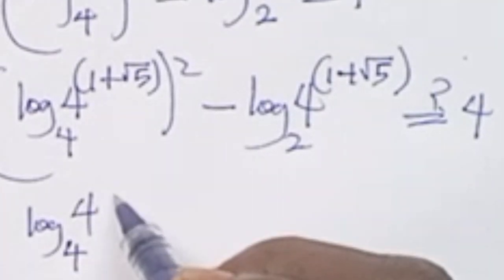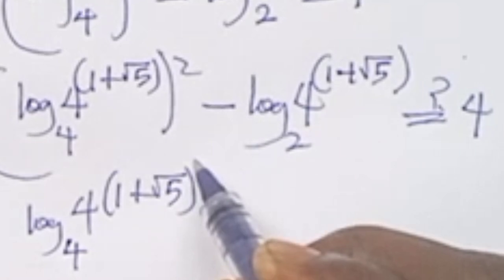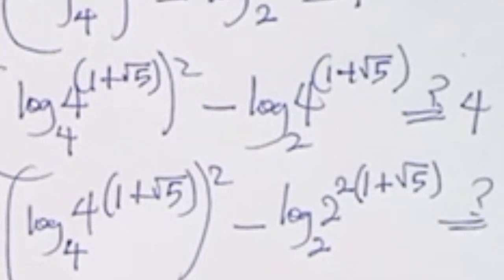And this also can be written as log 4 to base 4 to the power of 1 plus square root of 5 or the power of 2 minus log 2 to the power of 2 to base 2 to the power of 1 plus square root of 5. Could it be equal to 4?